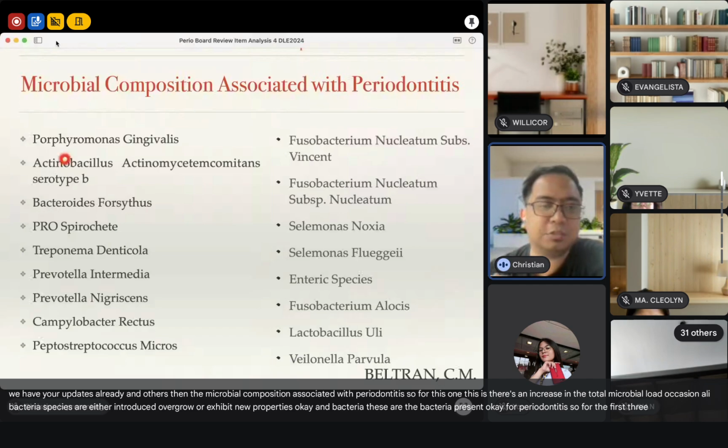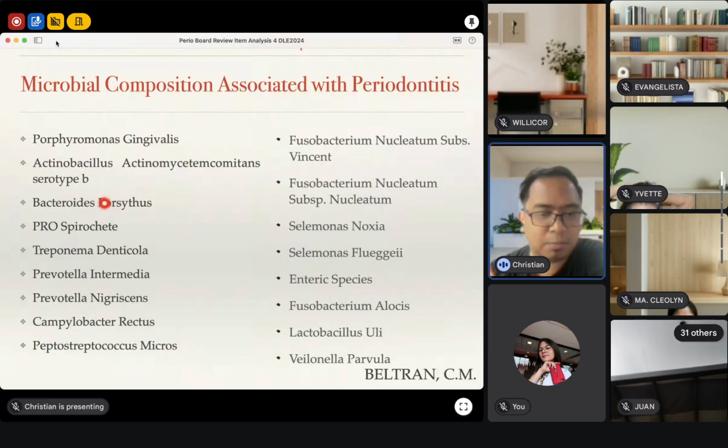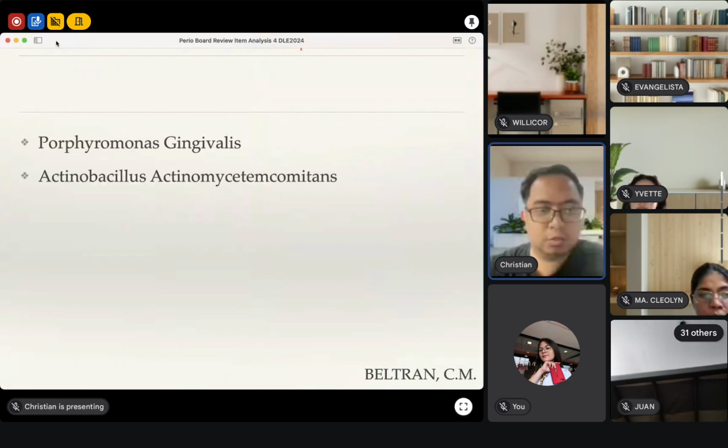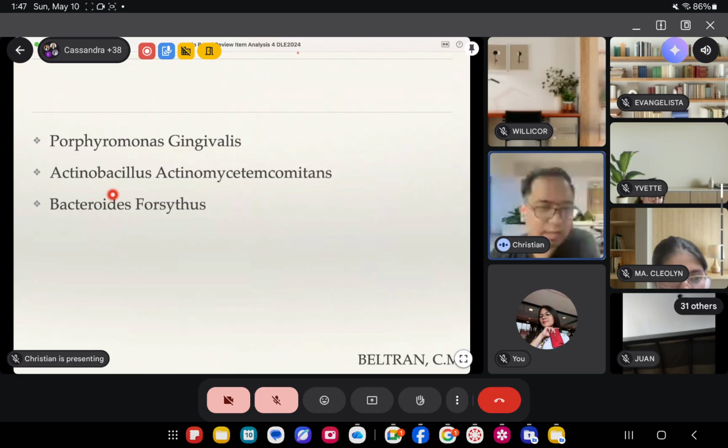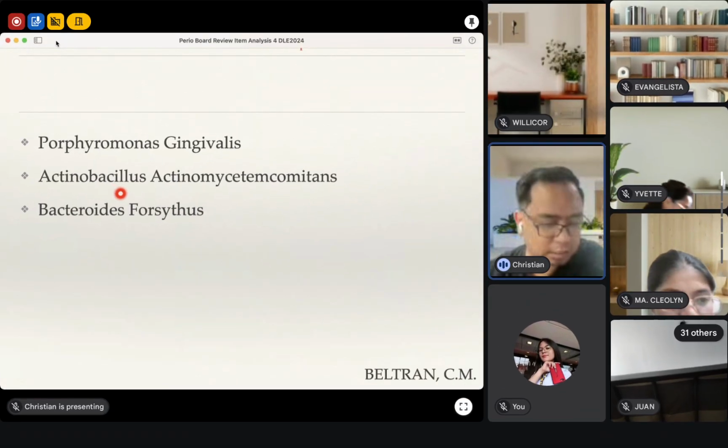Look at the first three: P. gingivalis, Actinobacillus actinomycetemcomitans serotype B, Bacteroides forsythus, among others. All right? These are the stars of them all: P. gingivalis, AA, and Tannerella forsythia or your Bacteroides forsythus.